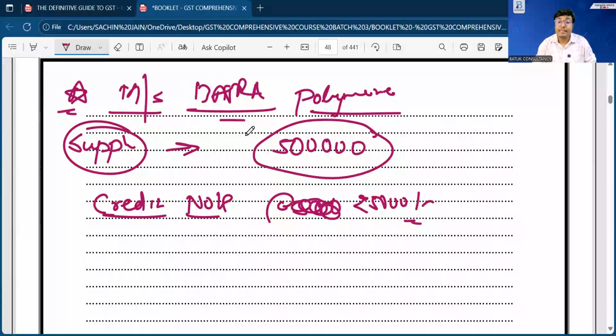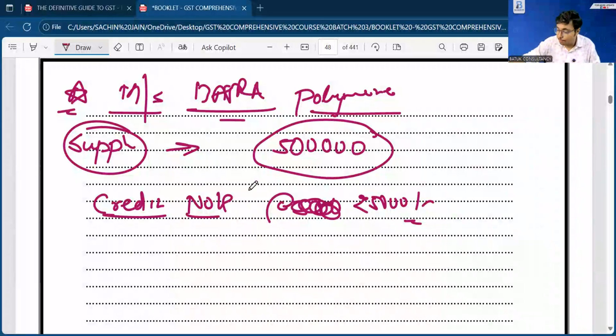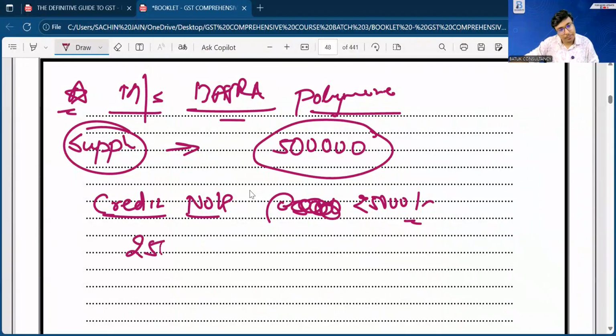So in this scenario, one credit note of 25,000 has been issued, and GST effect will be given. Okay, so the output value or output tax can be reduced by the supplier, and the buyer also needs to reverse the input tax credit by issuing the debit note.